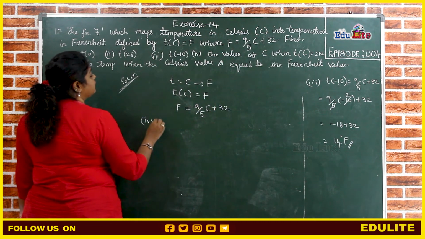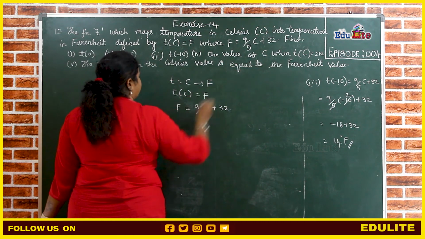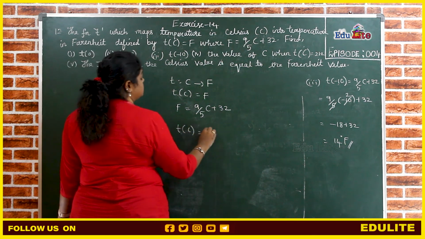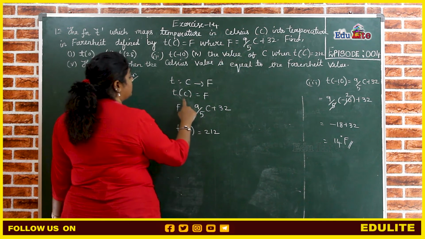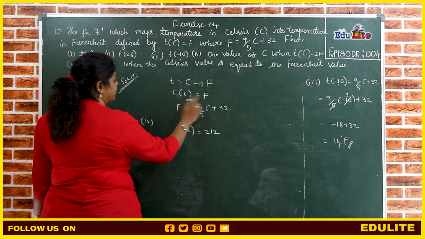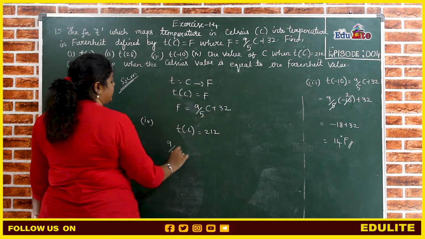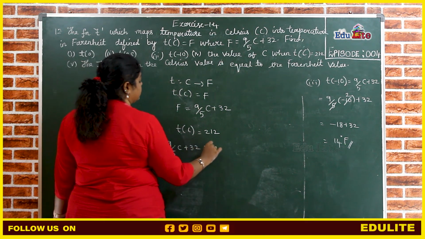Fourth option, we need to find the value of C when T of C equals 212. So, T of C in the sense we have to write the value of F as it is given, 9/5 C plus 32 which equals 212.